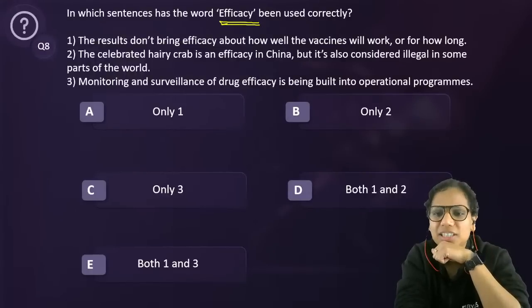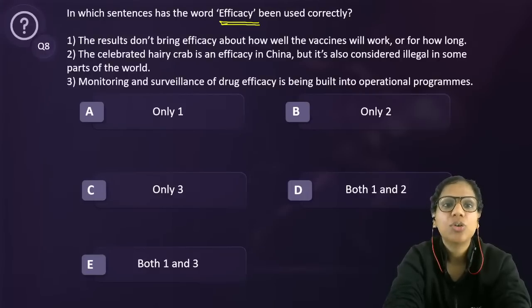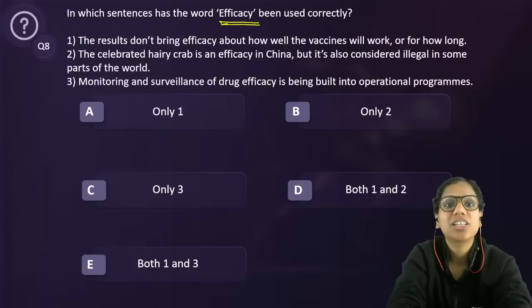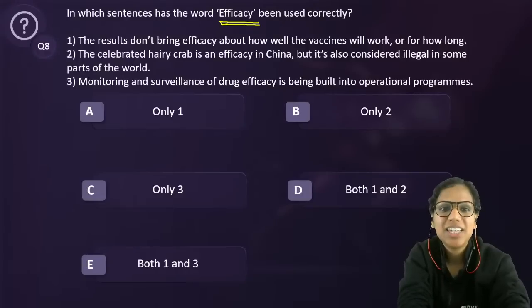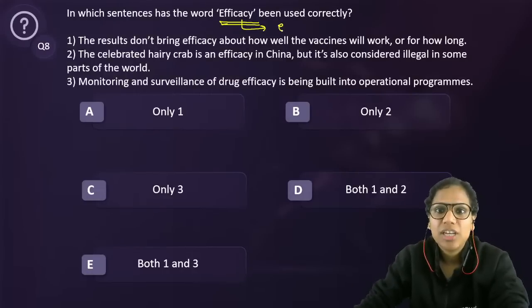What is efficacy? Usually, when COVID vaccines were being launched, I heard this word all the time, that they are testing the efficacy of this so and so vaccine, right? So, what is efficacy? Let's first learn that. It means effectiveness, the ability to produce a desired result.